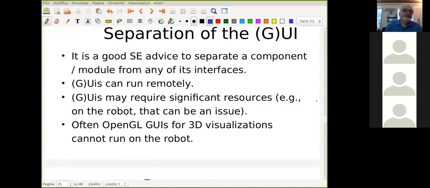The main reason is that the graphic user interface for a robot is complex, includes simulation, includes reading log files in case of crash, so analyzing how the system works. So it's a big component. Sometimes the graphic user interface is as big as the robot software itself.